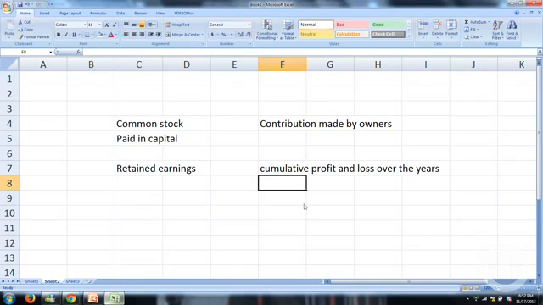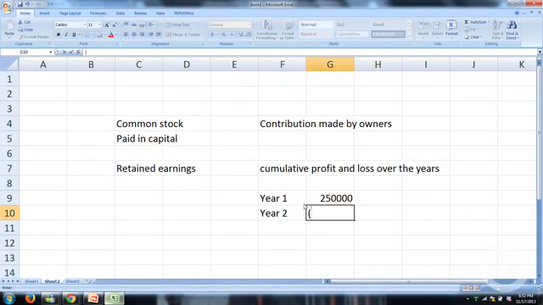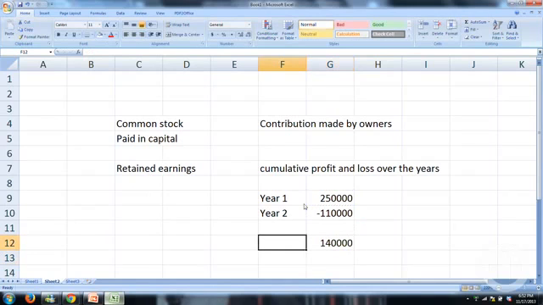So let's assume in year one they made a profit of 250,000. Year two, they had a loss of negative 110,000. Now, the retained earning is 140,000.